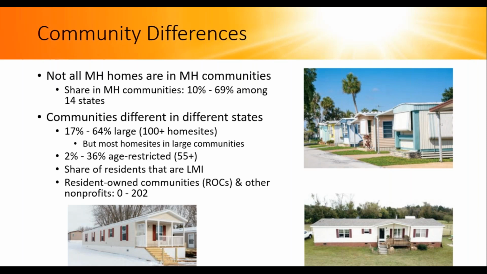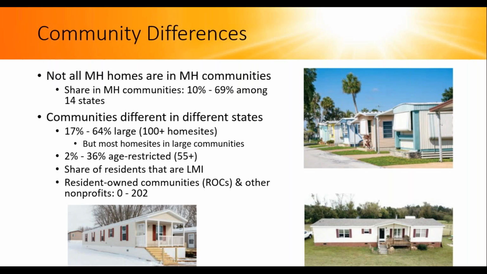In terms of age-restricted communities, it goes from 2% in one state to 36% in another state. In some states, more of the residents in manufactured homes are low and moderate income than in other states. In some states, there are more resident-owned communities and other nonprofit communities.